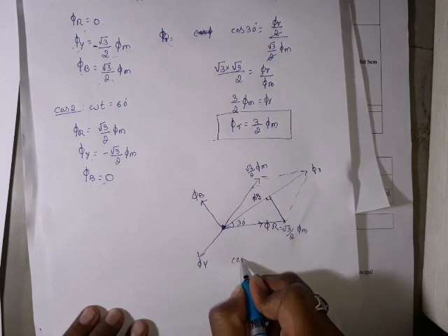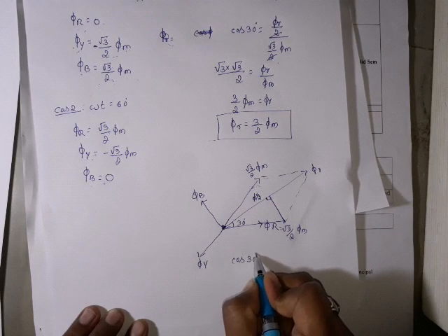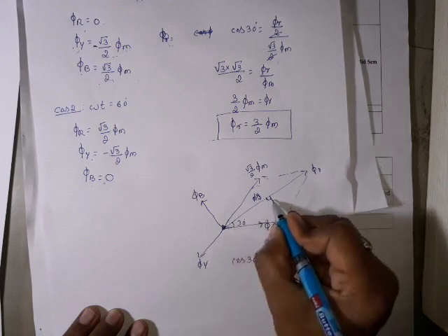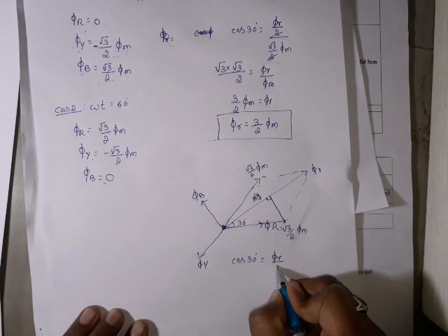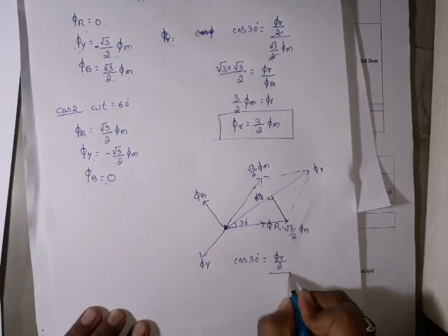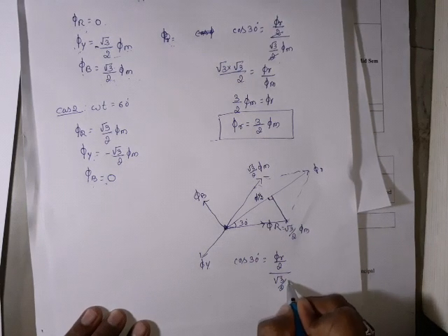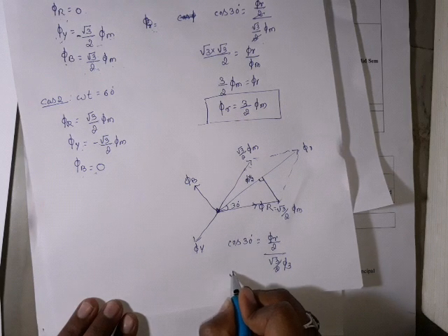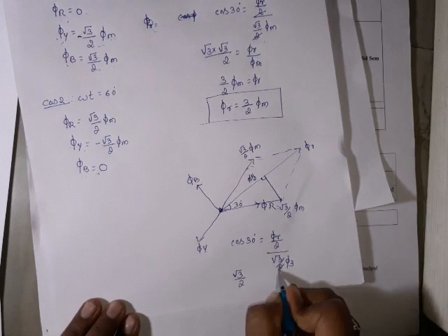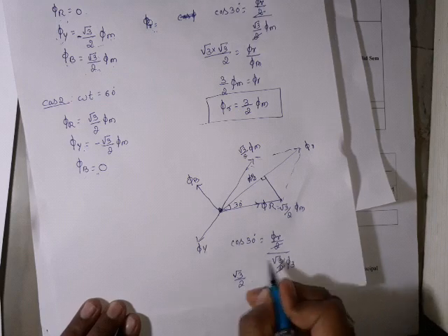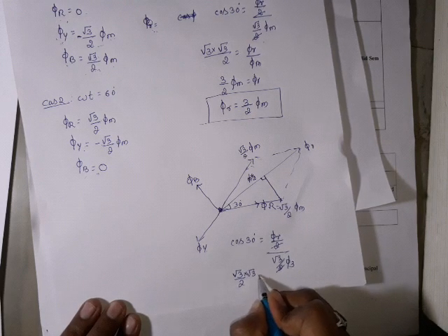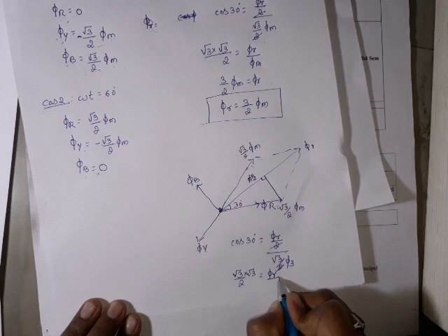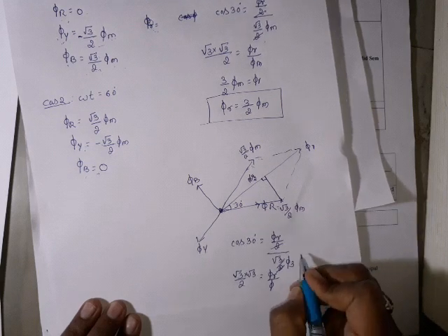So again you have to apply cos 30. Cos 30 is given by adjacent, adjacent is phi r by 2, then hypotenuse, that is root 3 by 2 times of phi m. So cos 30 value is root 3 by 2. So this 2 and this 2 get cancelled, multiplied by root 3, which will be equal to phi r by phi m.